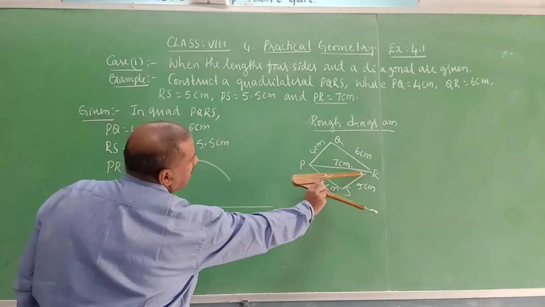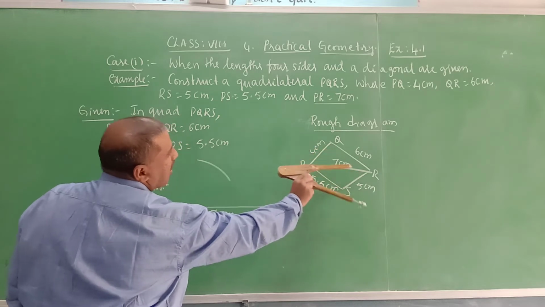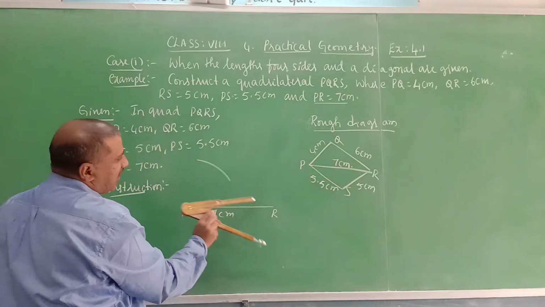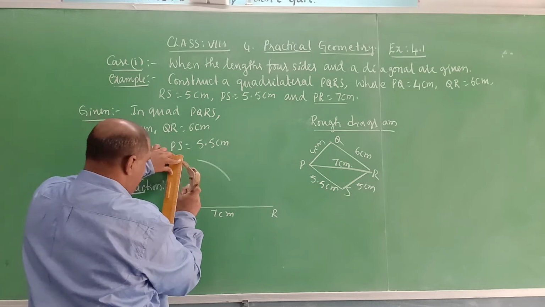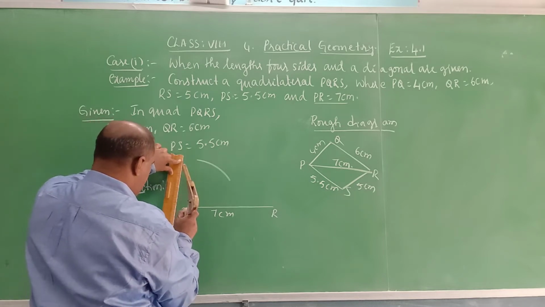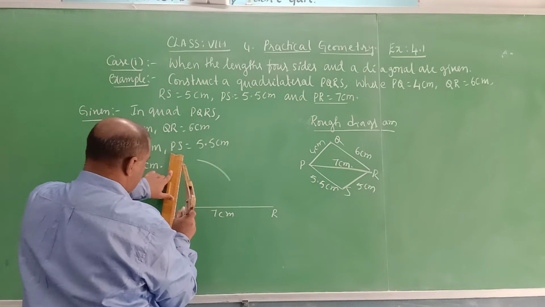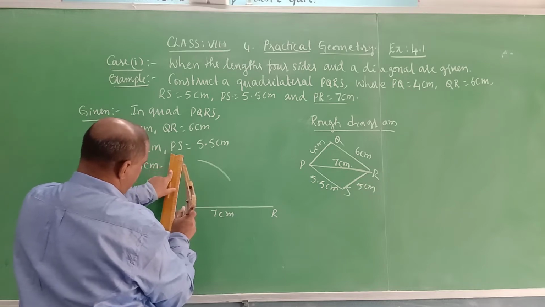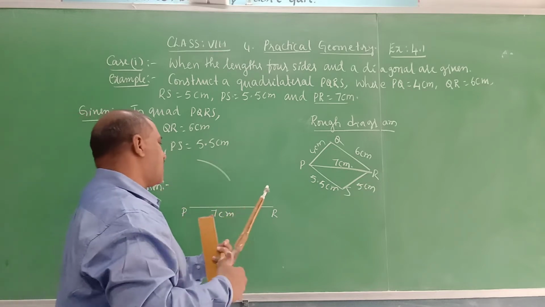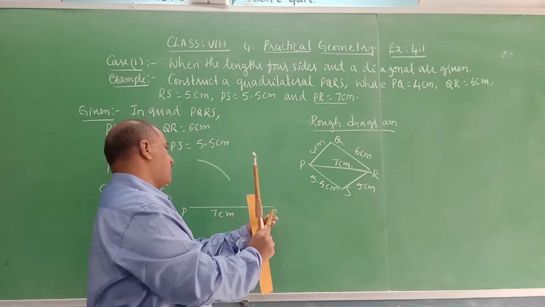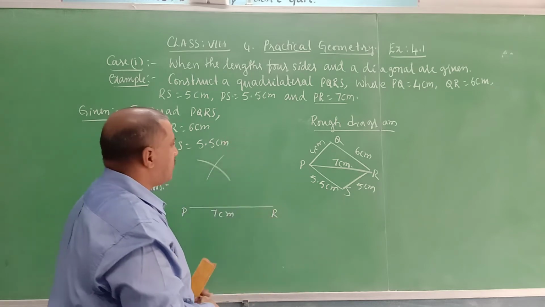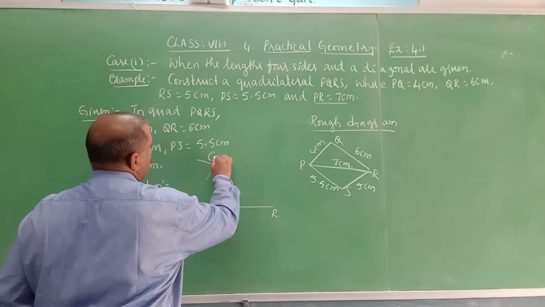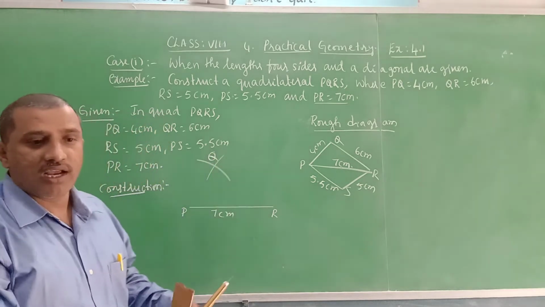Similarly, from point R to Q, that is QR is 6 centimeters. From point R, draw an arc of radius 6 centimeters, which intersects the previous arc at a point. This point is called Q.